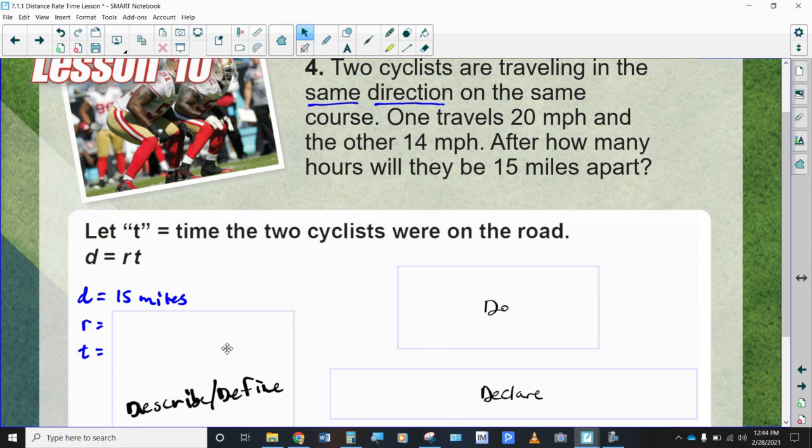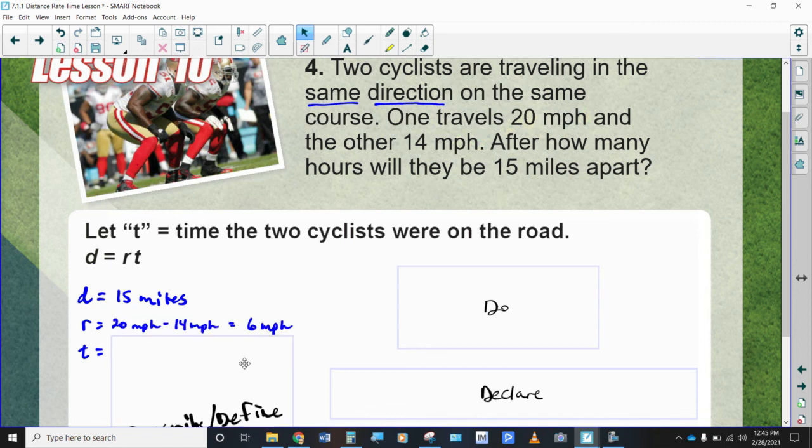then that's kind of like their relative speed. So what's happening here is every hour that they travel, this one traveling 20 miles per hour will be 6 miles ahead of this one because they're going faster. So think about in terms of, in 1 hour, how much farther will this person have gone than this person? Their relative speed ends up being 6 miles per hour.